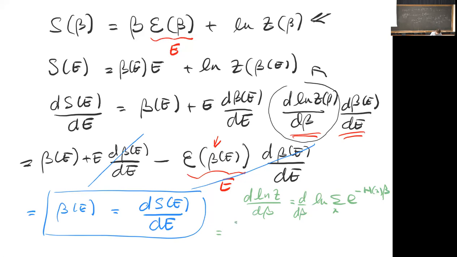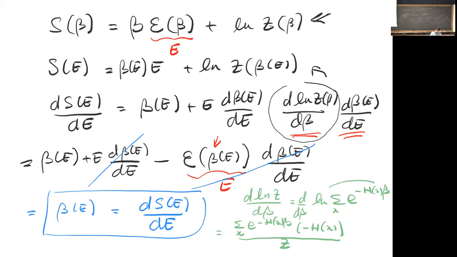So this is the sum over x of the exponential, where I derive the numerator with respect to beta, which gives minus Hx, divided by Z, which was this thing.